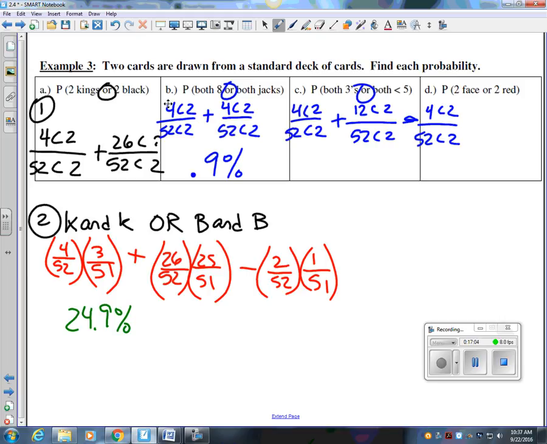So you would only have to do 12 choose 2 over 52 choose 2. Let me say that again. This one would cancel out with that one because you're subtracting them right there. Anybody got it?